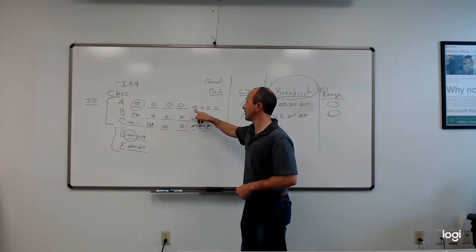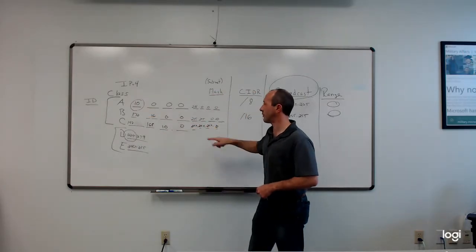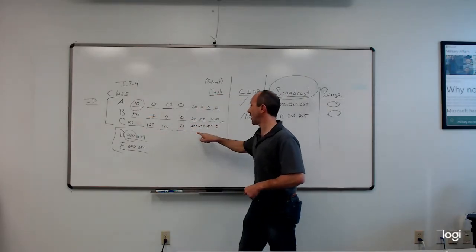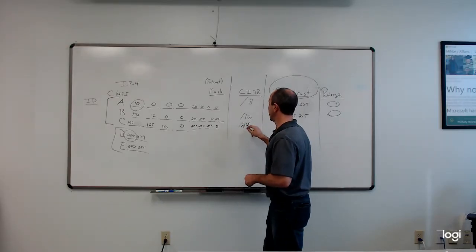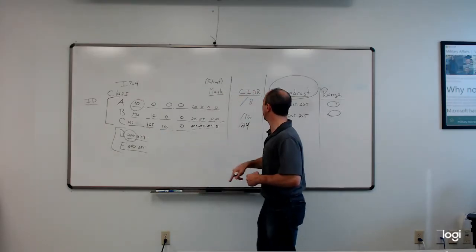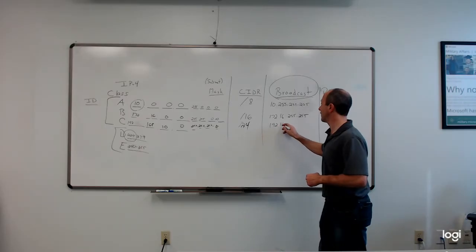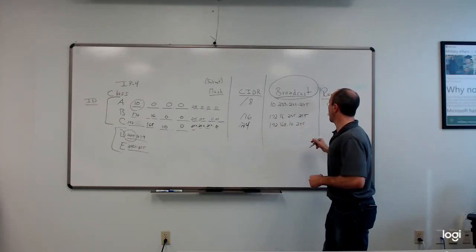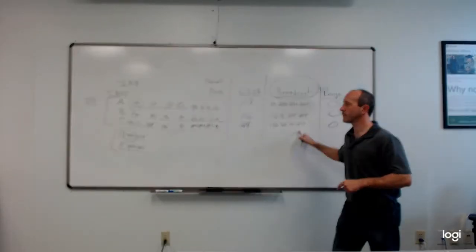The default for B is 255.255, and C is 255.255.255, slash 24. My network is 192.168.10.0. My broadcast is 192.168.10.255. And my range is everything in between that and that.